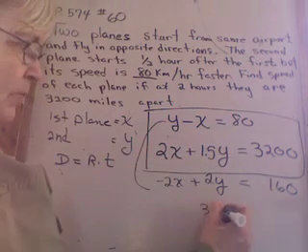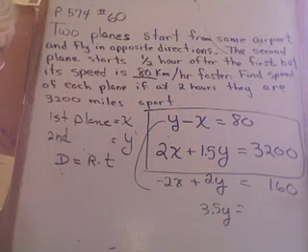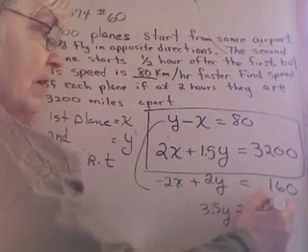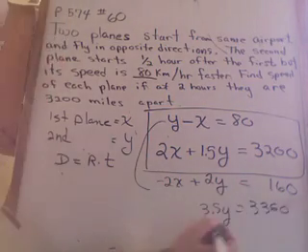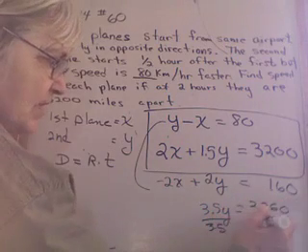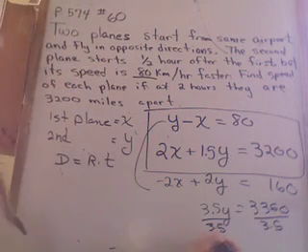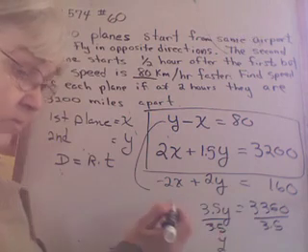So I get 3.5y equals, what happens if I add those? 3360, check my adding. All right, solve for y, so we'll divide by 3.5. You have your calculators handy, I hope. So divide by 3.5, and we get y equals what?